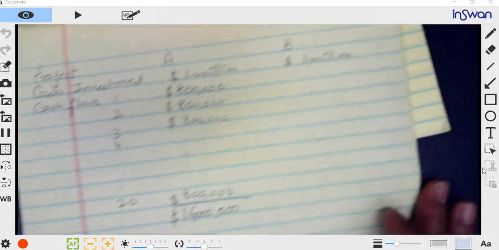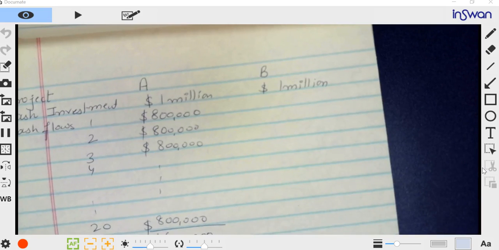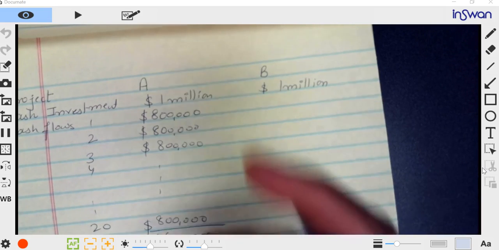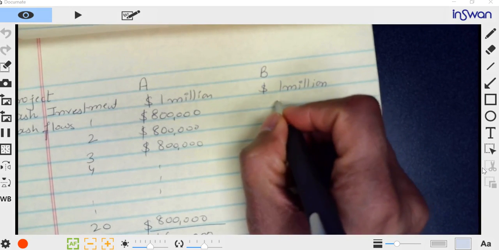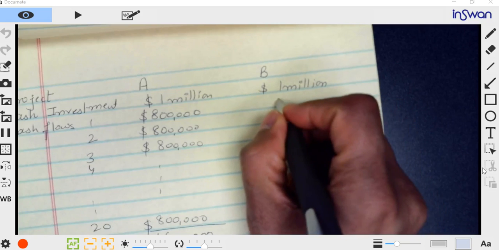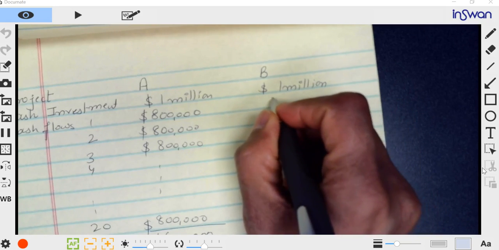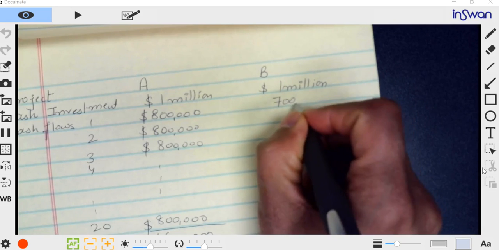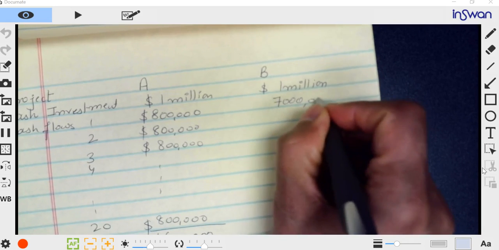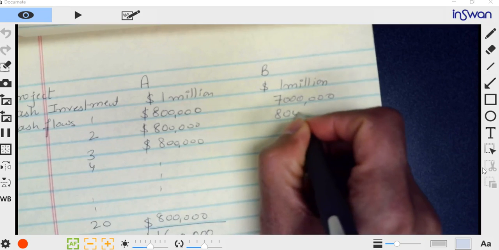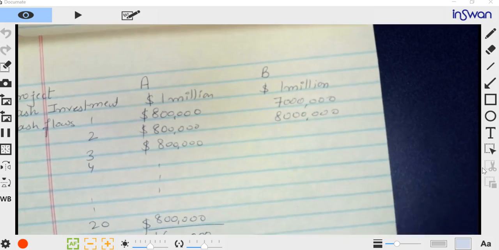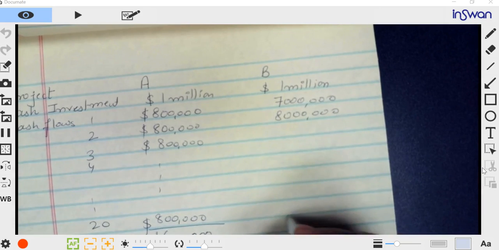Now project B gives us a little less cash flow. Let's say it gives us $15 million of cash flows, in which we get $7 million in the first year and $8 million in the second year, but nothing afterwards.